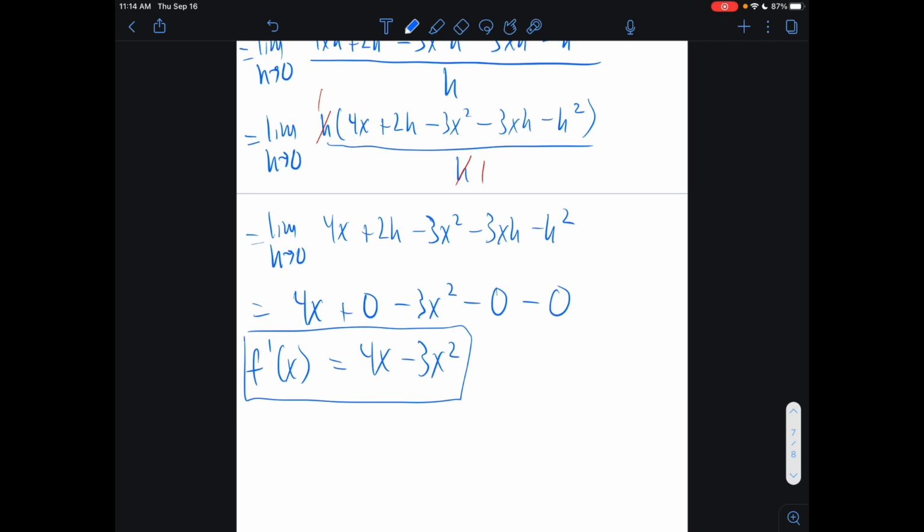So now let's find the second derivative of f with respect to x.